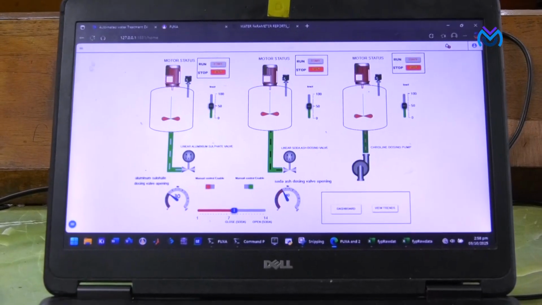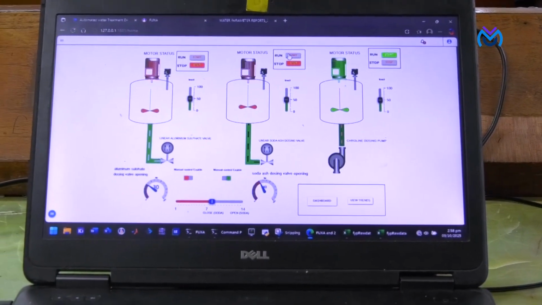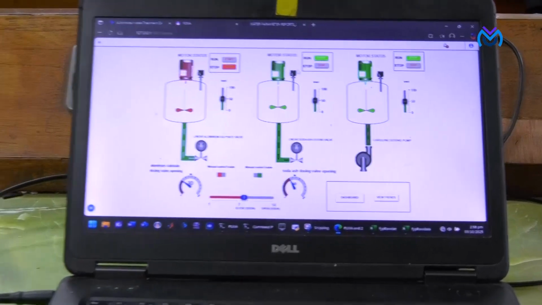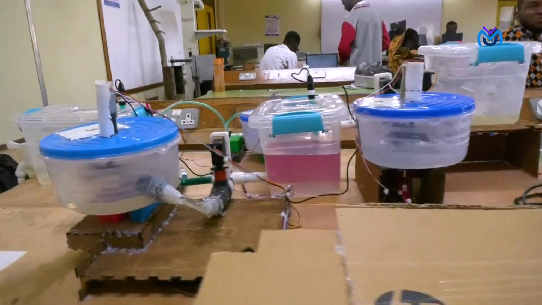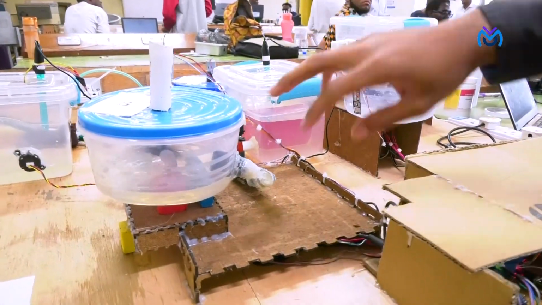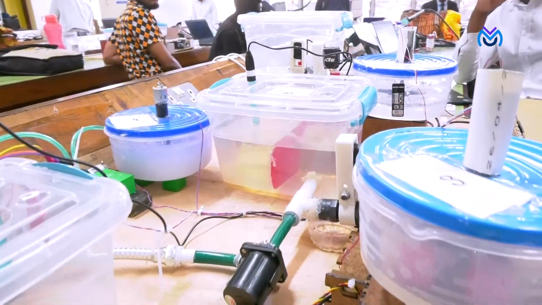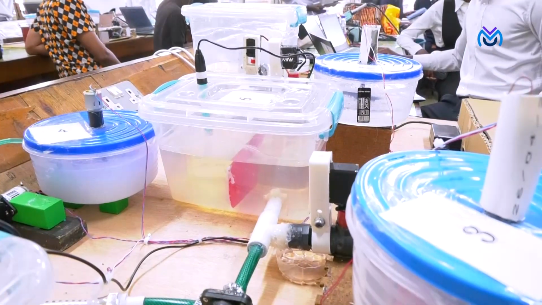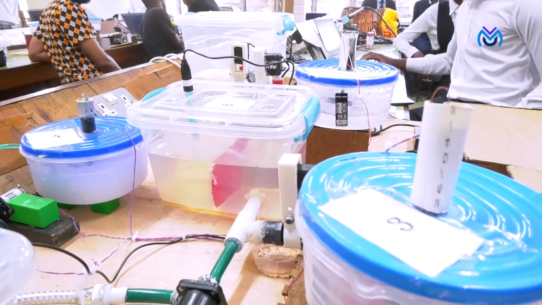We can operate various motors, as you can see there. These are the motors mixing the chemicals: chlorine is being mixed, soda ash is being mixed, and aluminum sulfate is being mixed. You can switch them off. Those are the controls of the agitators.